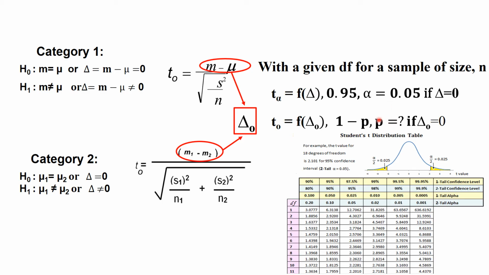Our alpha here represents P. So if our alpha is known to be the probability of the null hypothesis being true, in other words, the distribution of the sample being equal to the population, or you could say the population distribution being equal to the sample distribution.